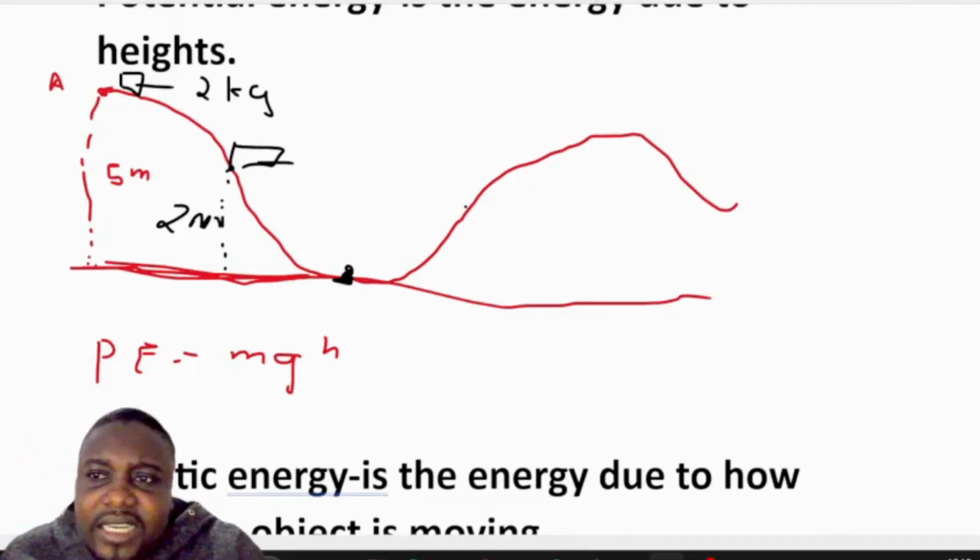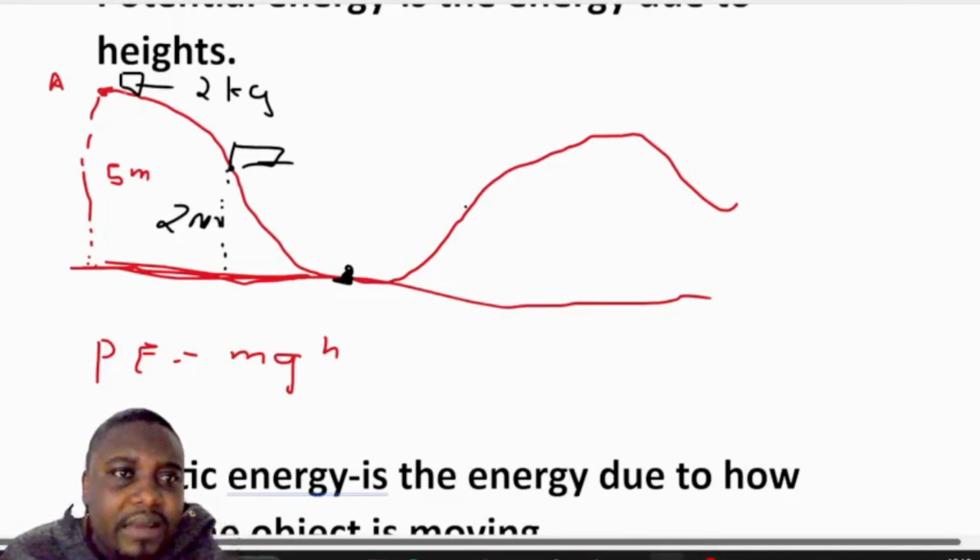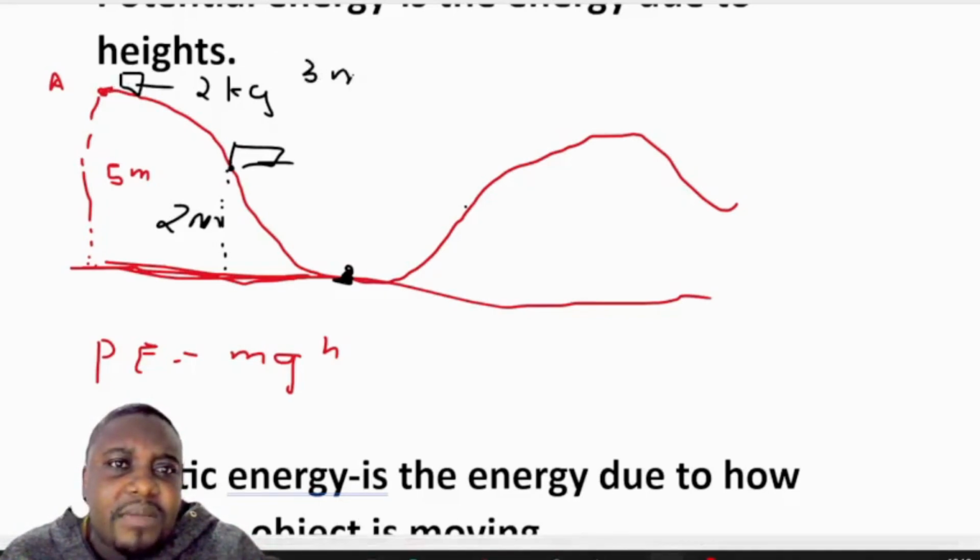If we are in position A, the object here is 2 kilograms and it's at 5 meters. Let's assume you are given that the velocity v is 3 meters per second. Let's assume that this is our v.